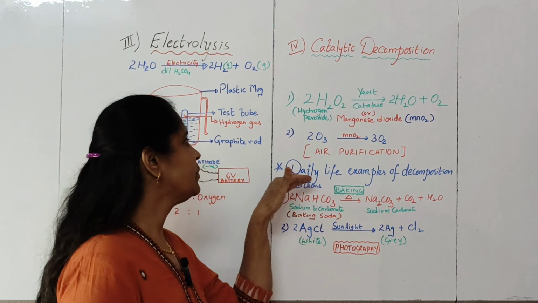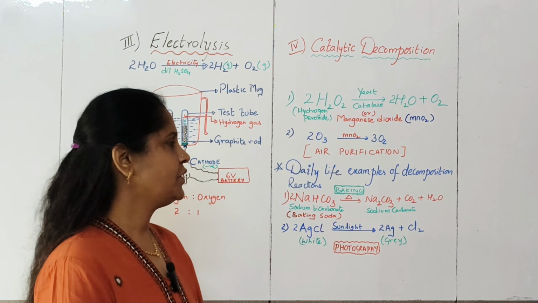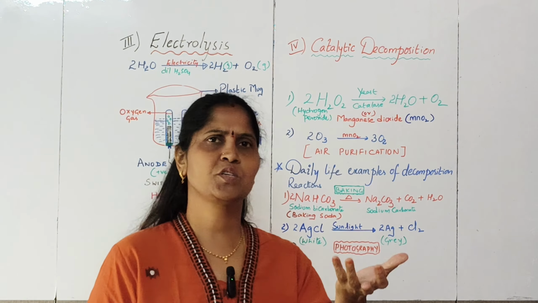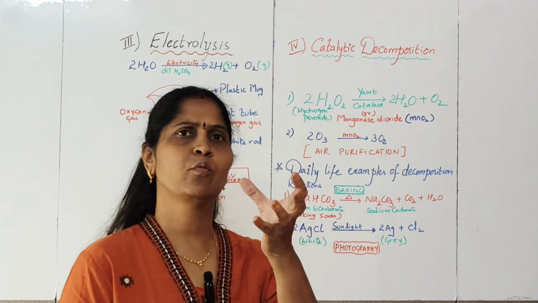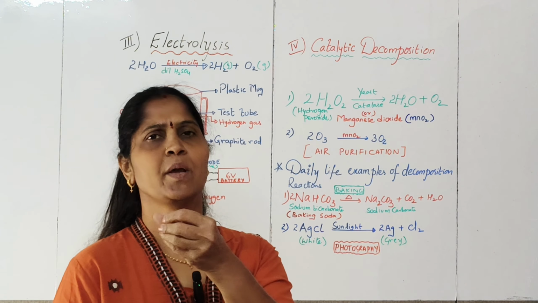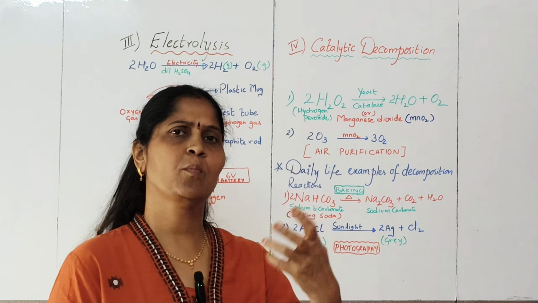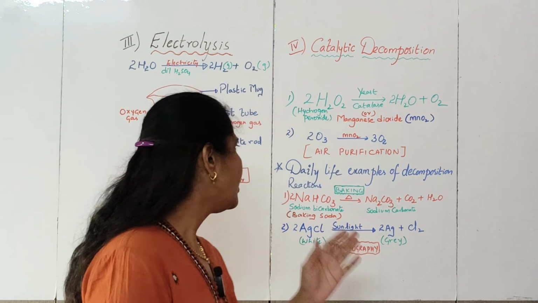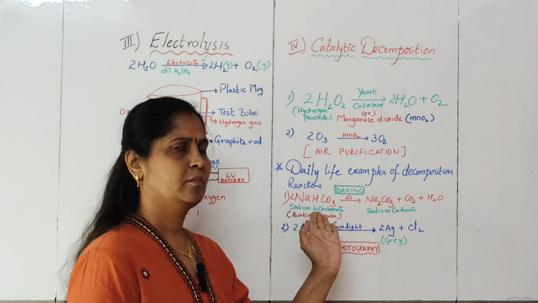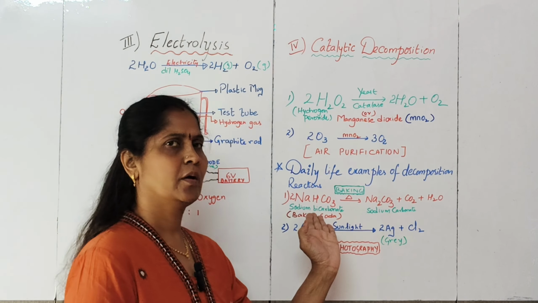So let us see some daily life examples of decomposition reactions. If you see fruits, the solid fruit slowly ripens and becomes soft, because of decomposition of complex carbohydrates into simpler ones. In our daily routine, we also use baking soda for baking purposes, which is sodium bicarbonate.